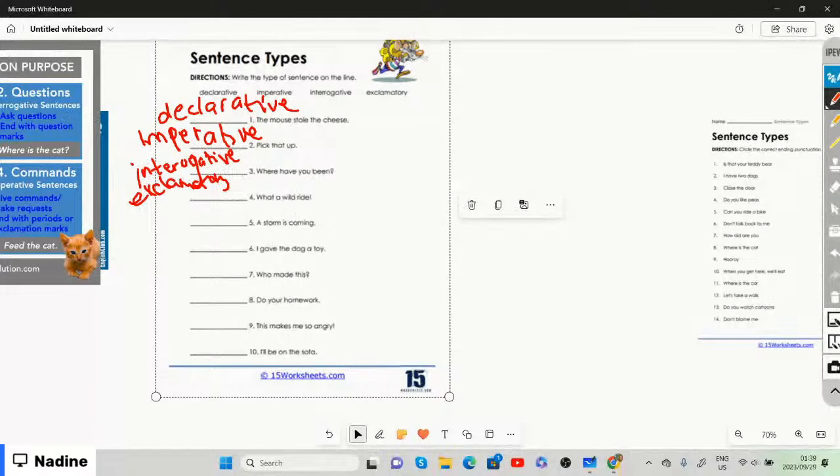And remember, with an exclamatory sentence, our sentence ends with an exclamation mark.